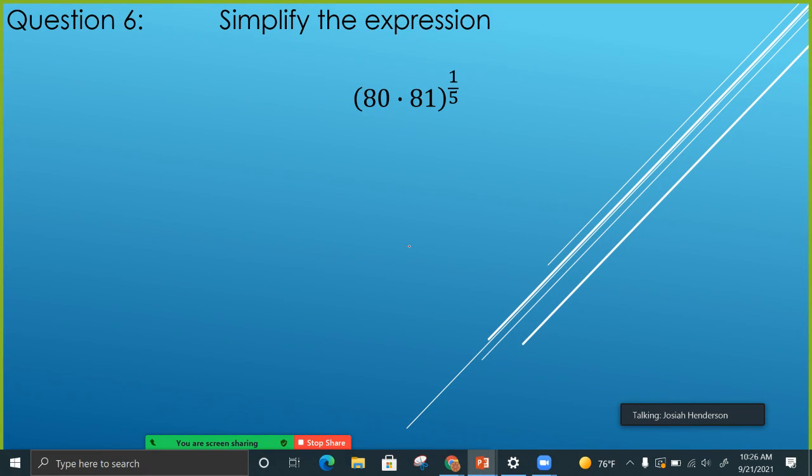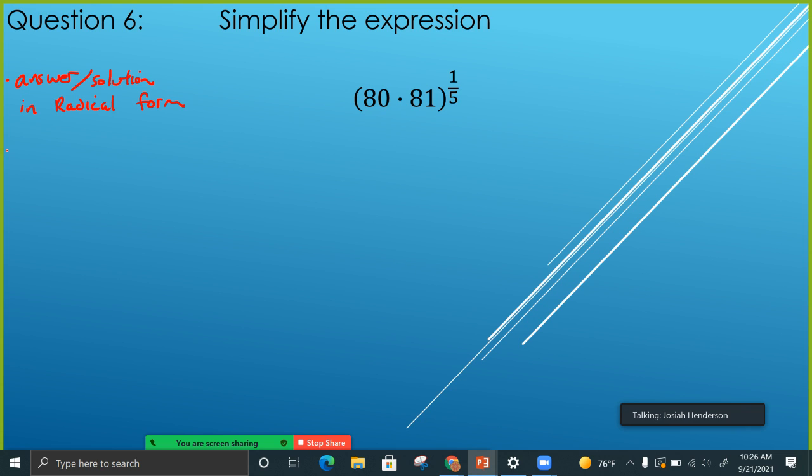Now, a couple notes I'll throw in on the side. Our answer, our solution, is going to be in radical form. So that's our main goal here, to turn this into radical form.